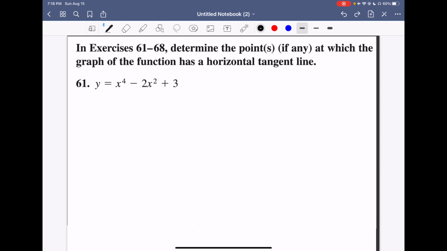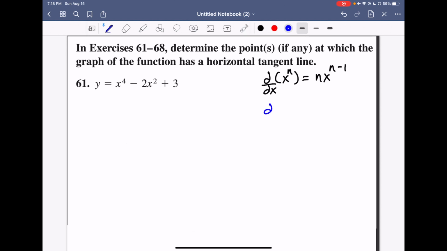horizontal tangent line. If you recall, the actual definition of the derivative of x to the n power is equal to n times x to the n minus 1. So basically we're subtracting 1 from the power and we are multiplying by that power times the leading coefficient. So let's try to do that again.